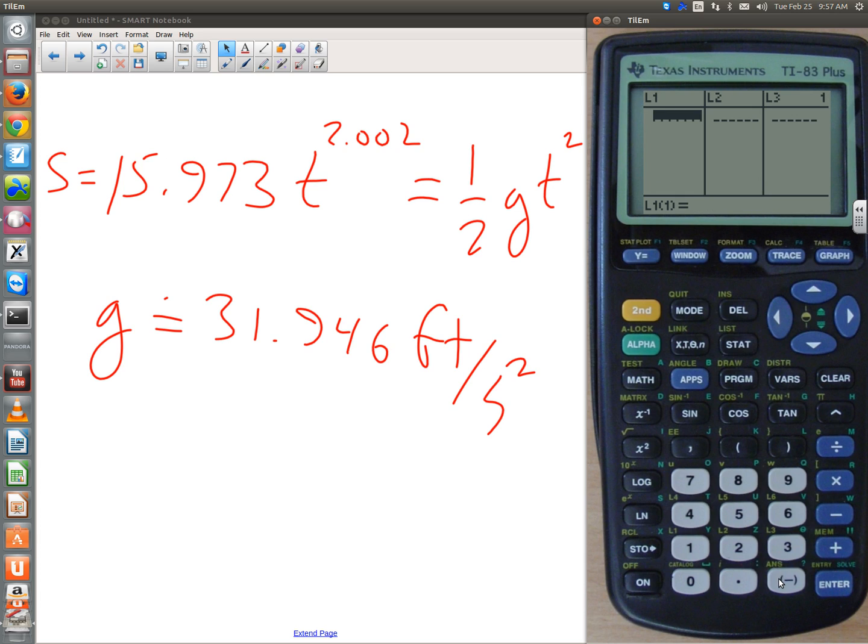All right, so what do we got here? All right, so 1.0, enter. 1.1, enter. 1.2, enter. 1.3, enter. 1.4, enter. 1.5, enter. This is what, feet? No, meters.